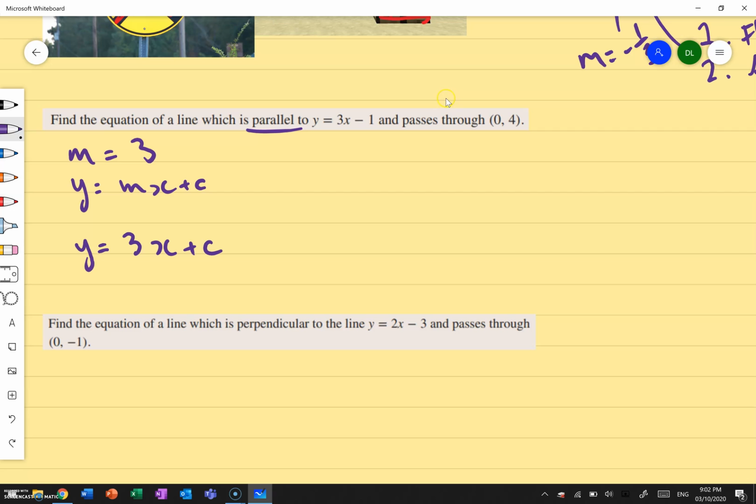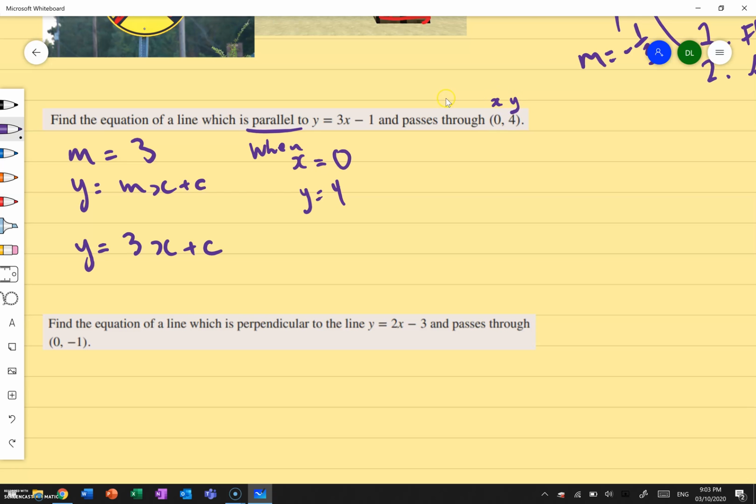Now, we don't know what c is. We need to get y equals 3x plus a certain number, okay? So what I'm going to do is substitute the point that's given to us. I know that it's always x and then y. So when x equals 0, y equals 4, and I've taken this straight from there.